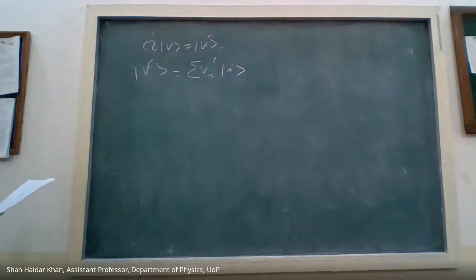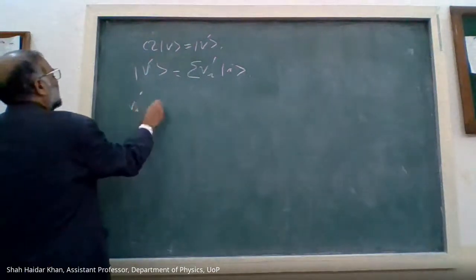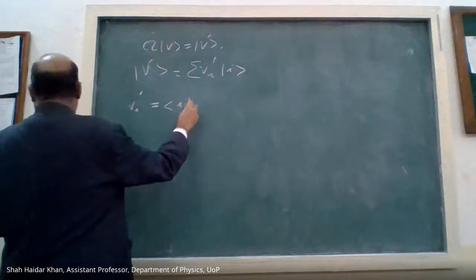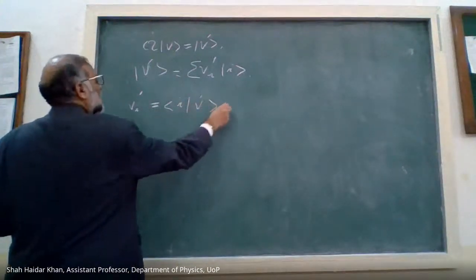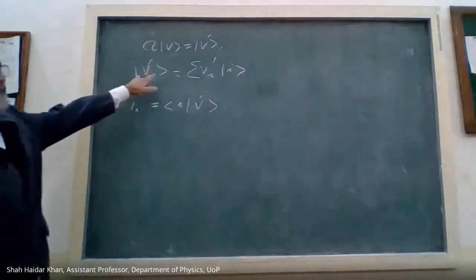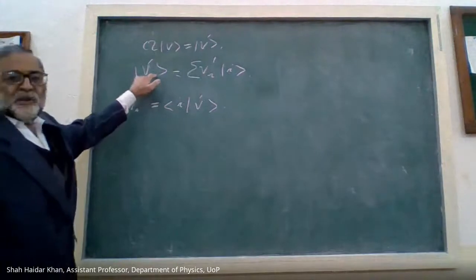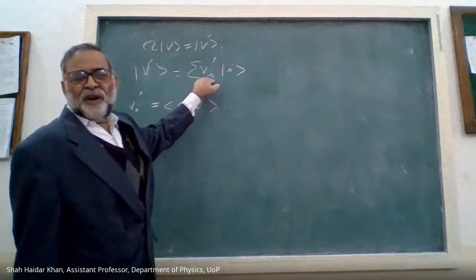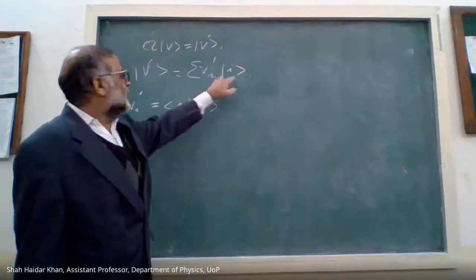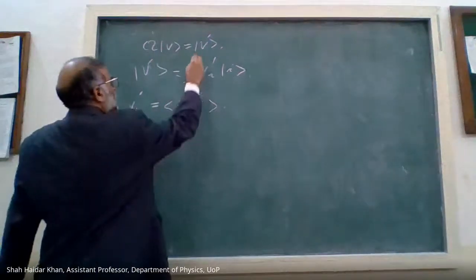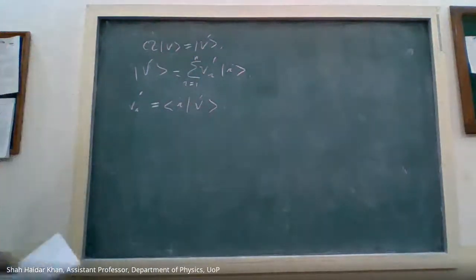And we know that Vi prime will be equal to i dotted with V prime. Suppose V prime is a vector. Suppose the components along all the bases are Vi prime. These are the bases. i starts from 1 and goes to n, right?